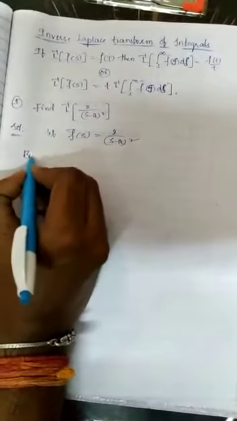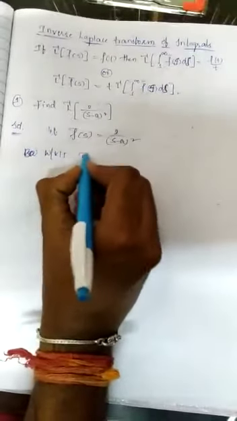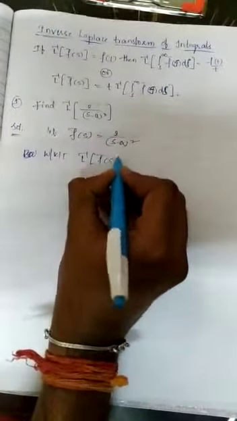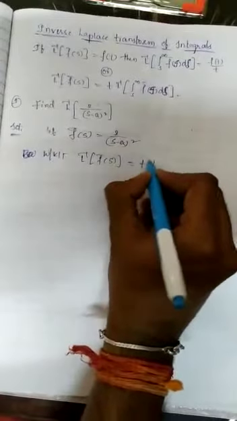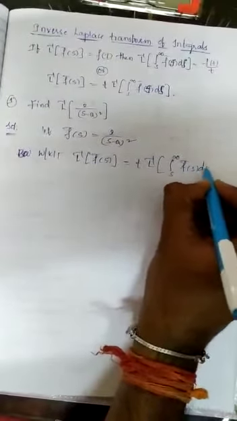Write down. We know that Laplace inverse of f bar of s is equal to t into Laplace inverse of integral from s to infinity of f bar of s ds, by the statement.